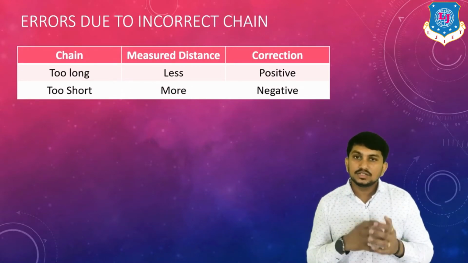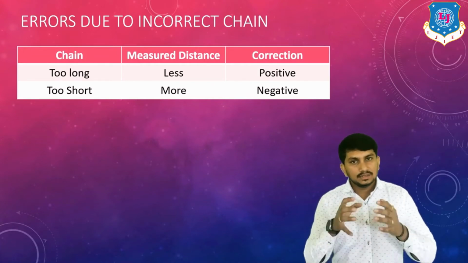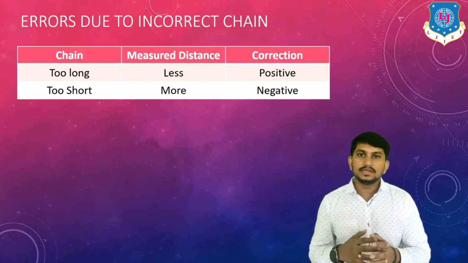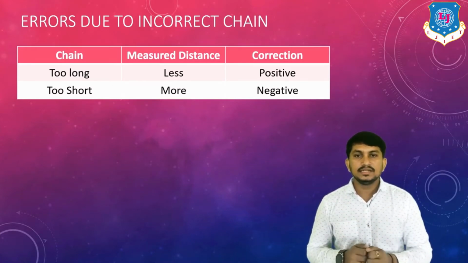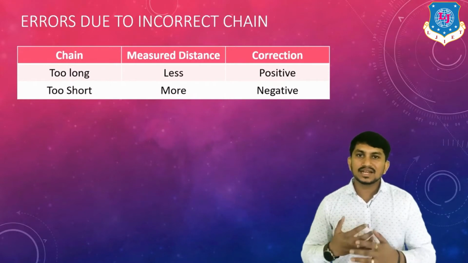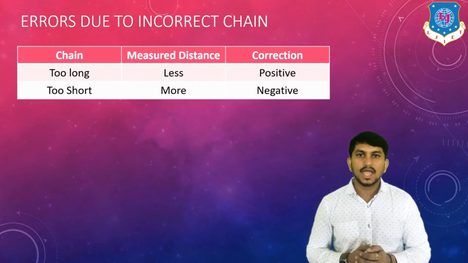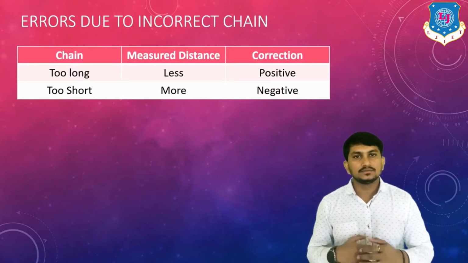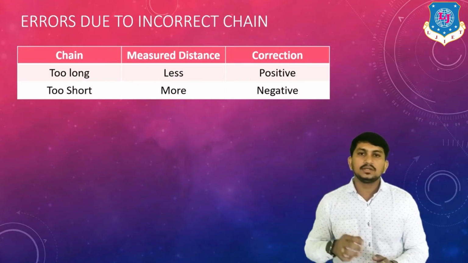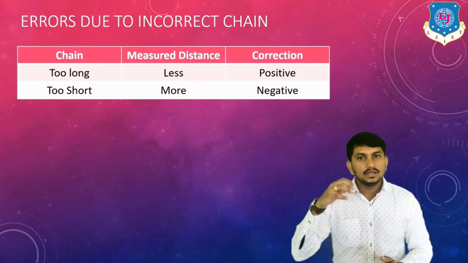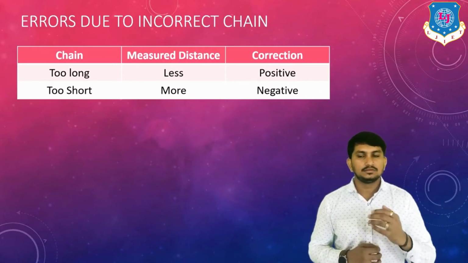If the chain or tape is too short, meaning the length of the chain or tape is reduced, then the measured distance is more, and the correction of the work should be negative. We have to deduct the error from the measured distance. This whole concept is used in a number of examples. We will see this concept in examples soon in the next topics.